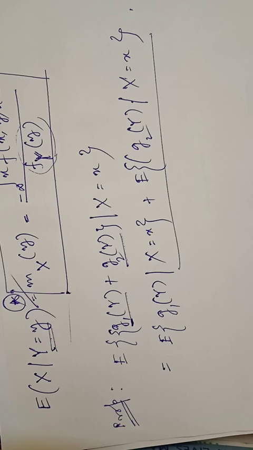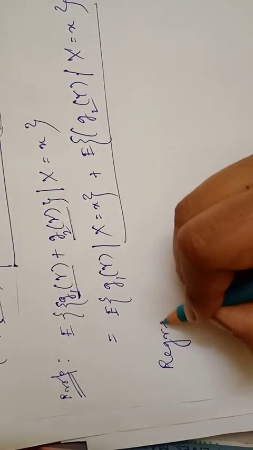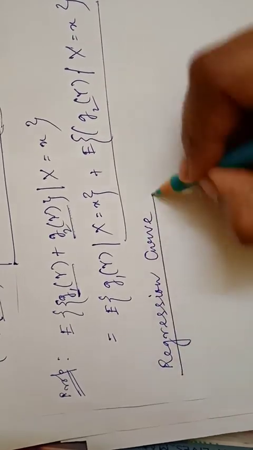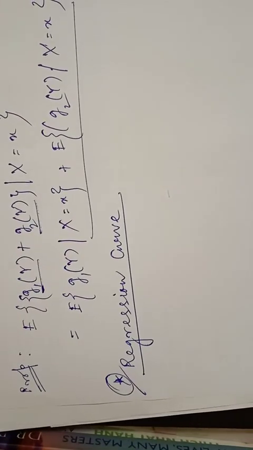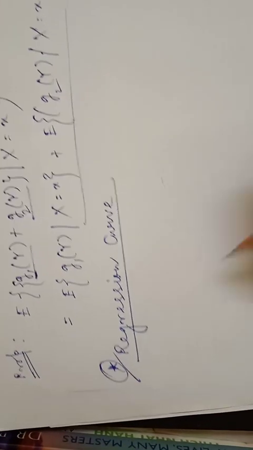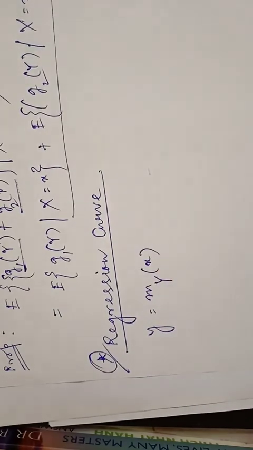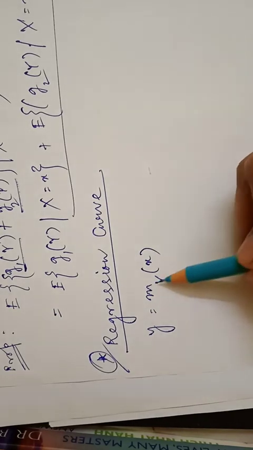Now moving to the next topic, which is regression curve. This is one of the important topics of the unit. There are two types of regression curve, y equals to m(y|x). Two random variables x and y, and you know what is meant by m(y|x)?